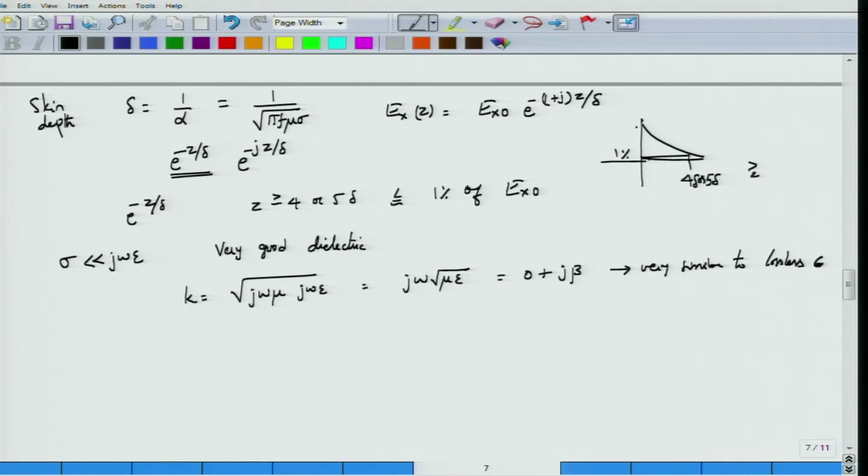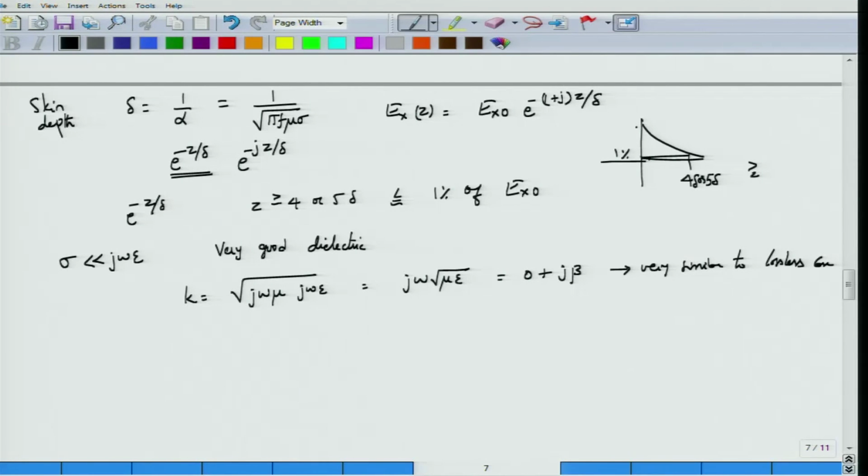So in the lossless case, or in the very good dielectric, if we can neglect the conduction current, then the propagation constant will be imaginary, right. k will be equal to j beta, and the wave will only suffer phase shift as it propagates through the material, and there is no change in the amplitude.